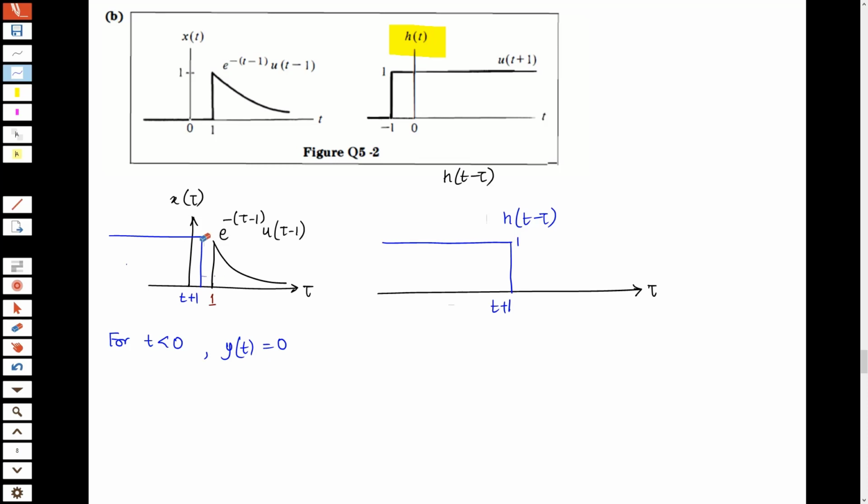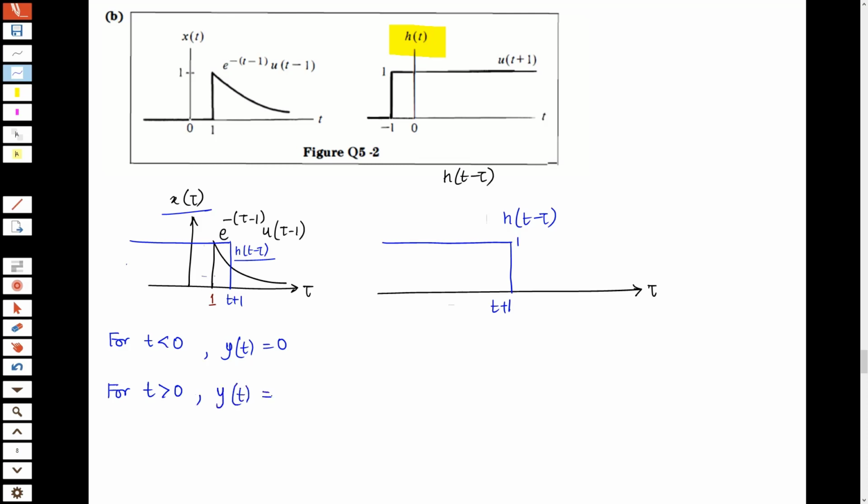Moving forward, this edge has moved further, and let us say now this is the situation. The one in blue is h(t minus tau). Now if I ask you to find the product of h(t minus tau) and x(tau), the condition is that for t plus 1 greater than 1, that means t greater than 0.